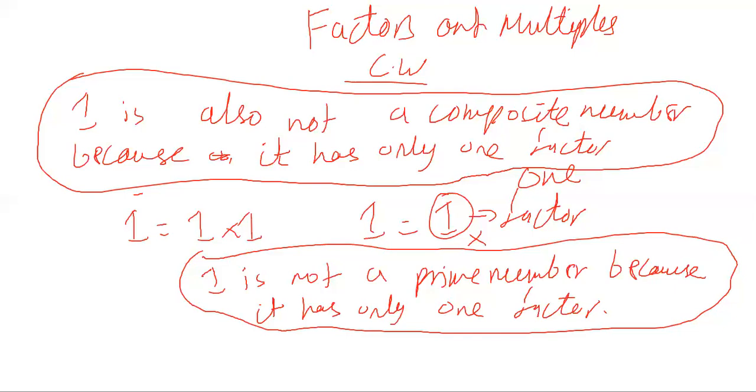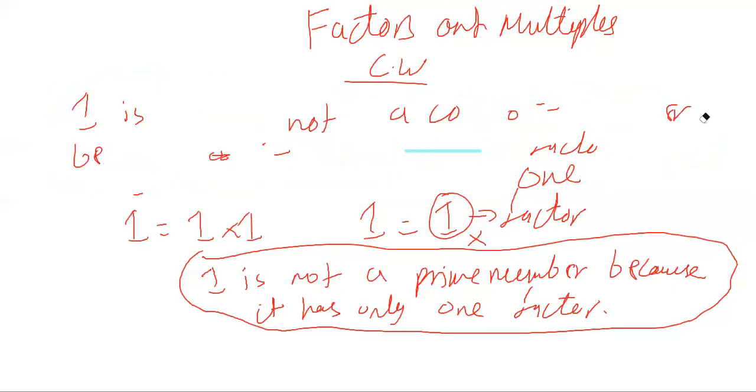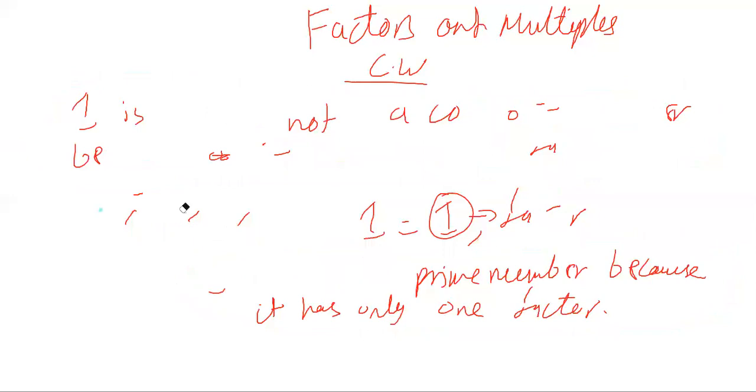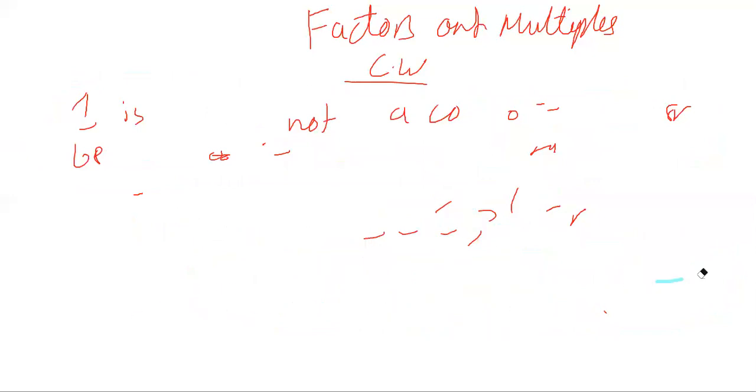Mustafa and Ibrahim, have you written it down about 1? Okay. So 1 is neither a prime number nor a composite number. Why? Because it only has one factor.